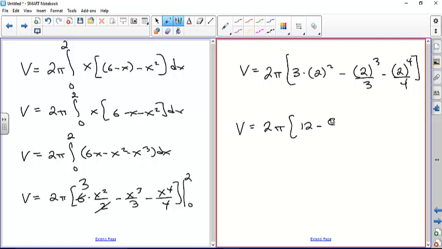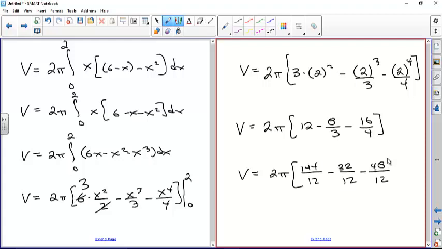Here we'll have 8 thirds, 2 cubed is 8, and here we'll have 16 fourths. So we've got a common denominator of 12, because 3 times 4 is 12. So here 12 times 12 is 144, so you get 144 over 12. Here multiply by 4 in both numerator and denominator, so you get 32 over 12. Here we have to multiply by 3, so that's 3 times 16 is 48 over 12.